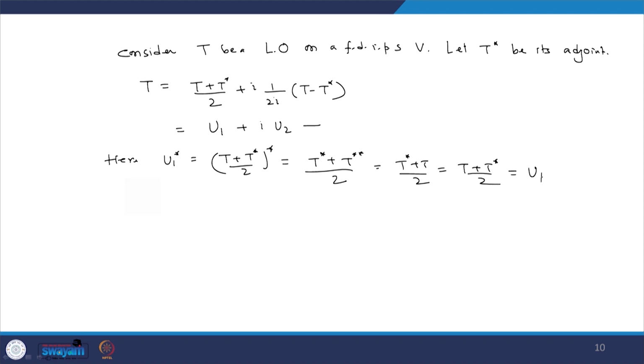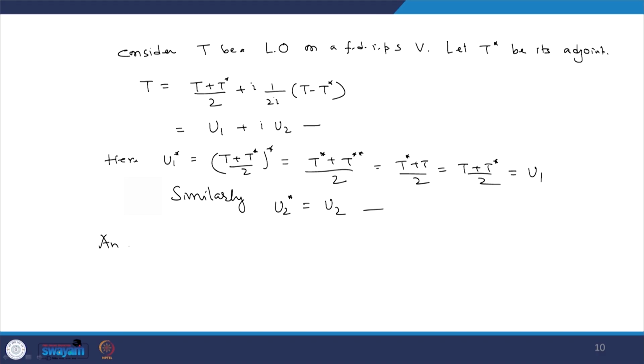This is equal to U1. And similarly U2 star is equal to U2.